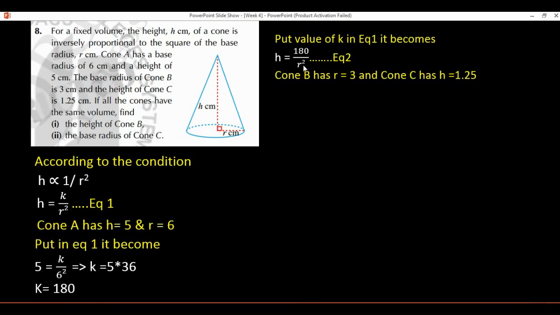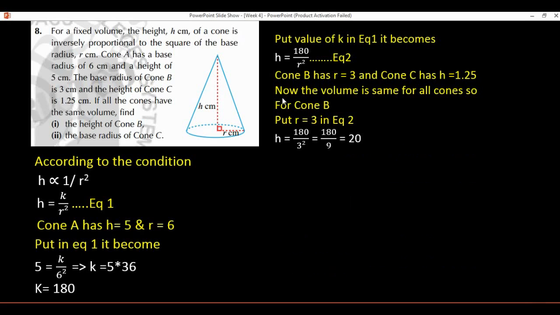Now come to the other cones. There is a cone B and a cone C also. For cone B, radius is 3, and for cone C, height is 1.25. We have to find the height of cone B and the radius of cone C. Now the volume is the same for all the cones.